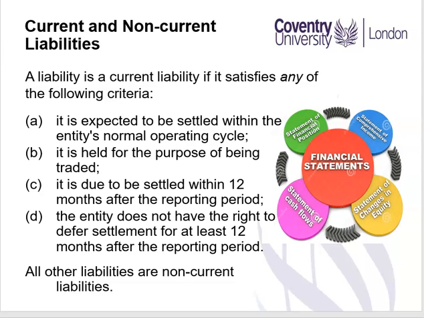So if the liability does not meet any of these 4 criteria, such a liability will be a non-current liability. Debentures are typical examples of non-current liabilities, or bank loans for more than 12 months. Examples of current liabilities would be trade payables and accruals.